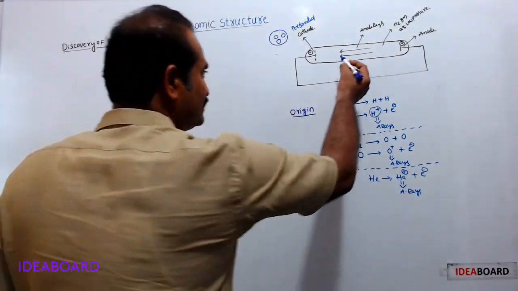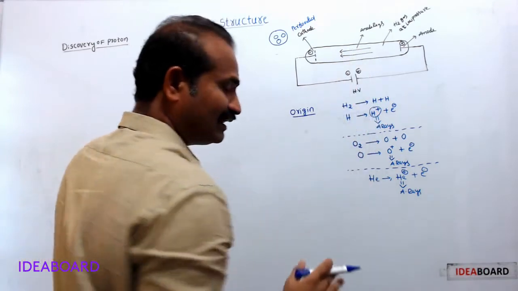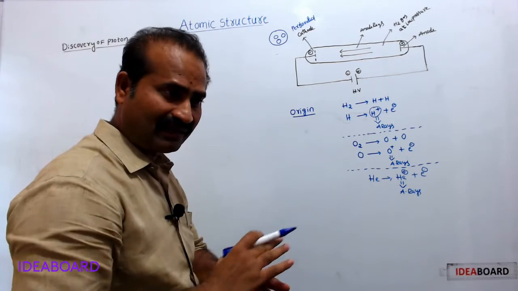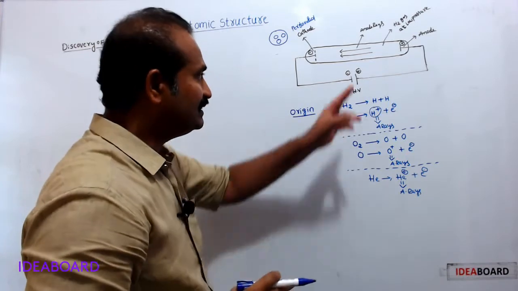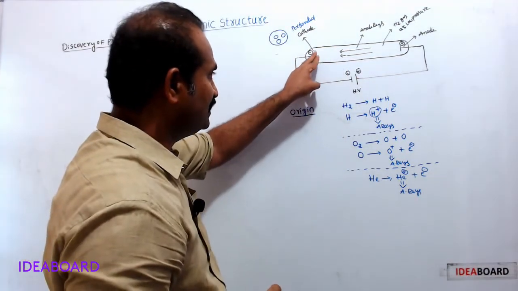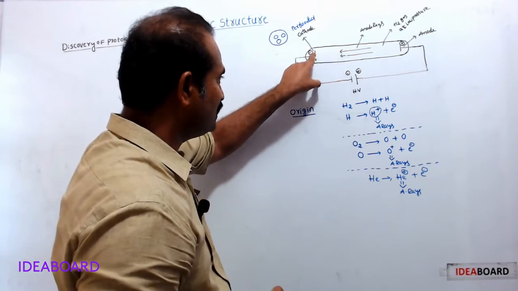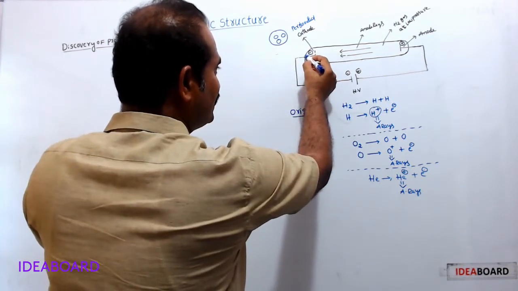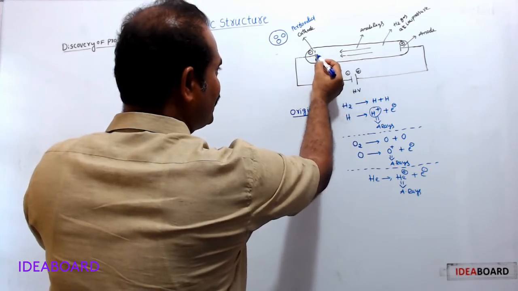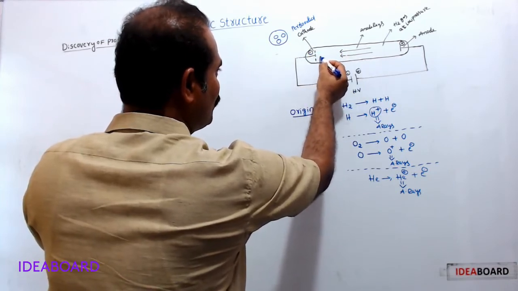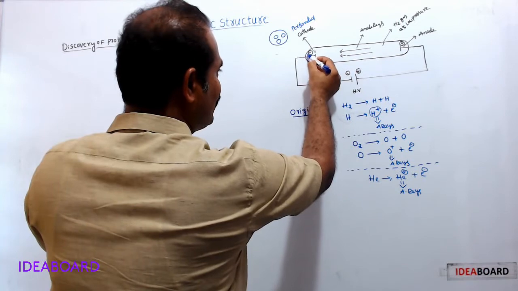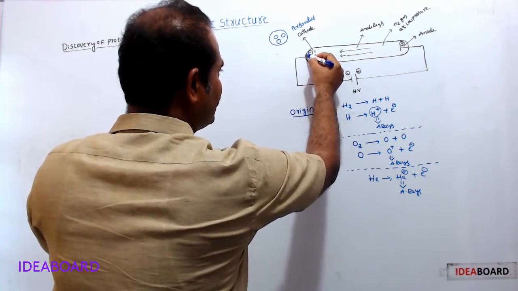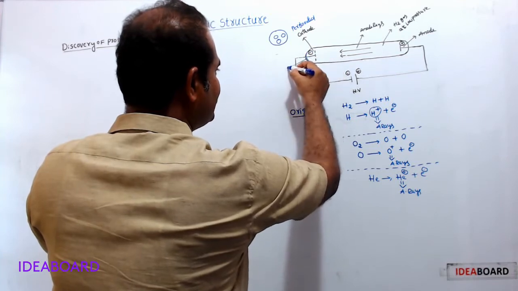These positively charged particles are not visible, and even cathode rays are not visible. But they can be detected. They can pass through these pores and hit the inner walls of the discharge tube, which are coated with zinc sulfide.